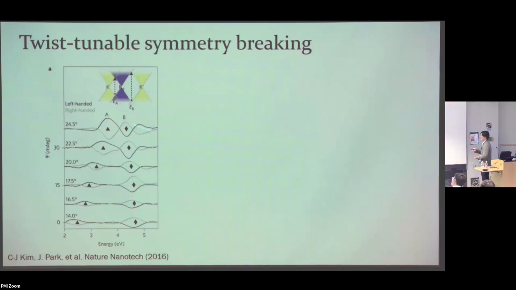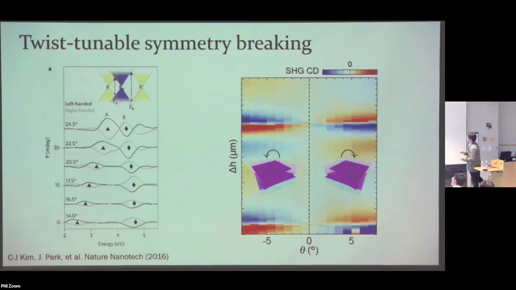Each curve is a different sample. Now we have the capability to do this in a completely continuous way. So we can see this inversion of the second harmonic generation circular dichroism signal. It's antisymmetric as we go through 0 degrees of twisting angle, just as one would expect.